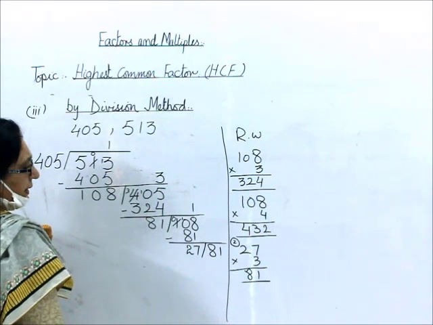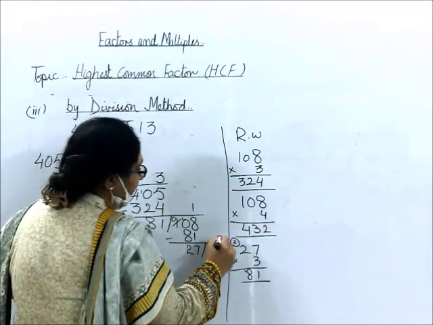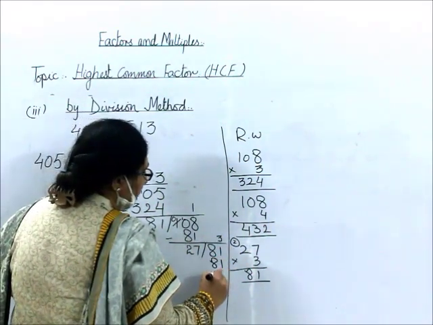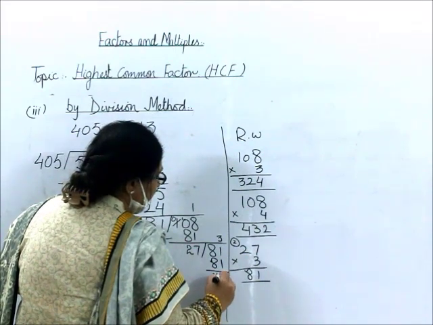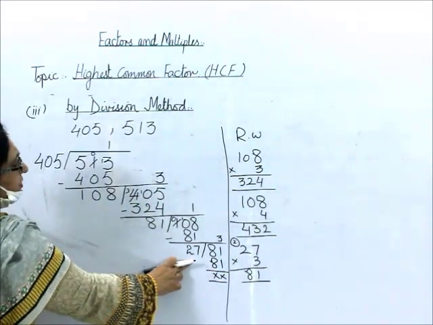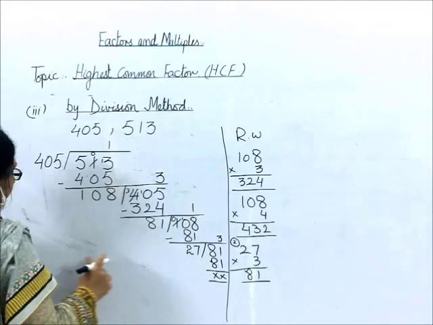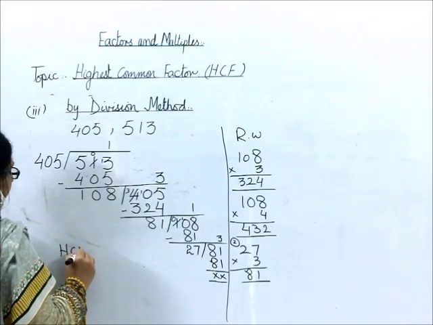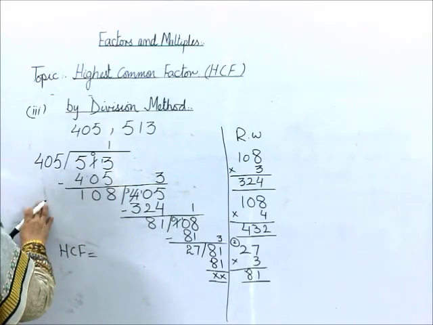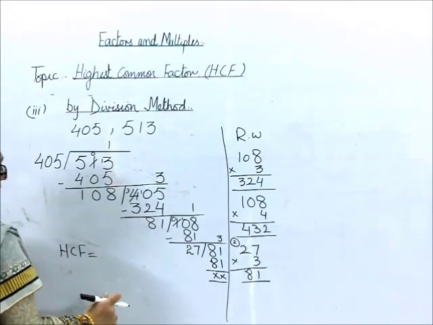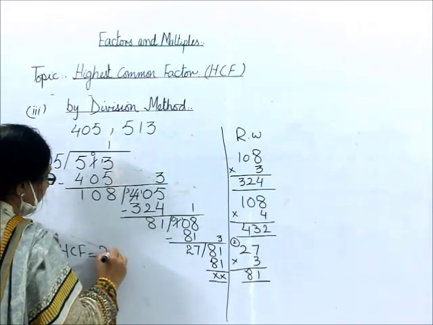So this is our exact answer. 3 will be written over here and 81 under 81. There is no remainder. So the last divisor is our HCF. It is 27. So the HCF of the two bigger numbers 405 and 513 is 27.